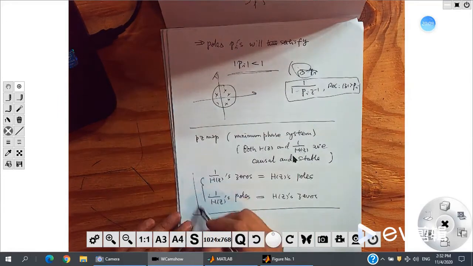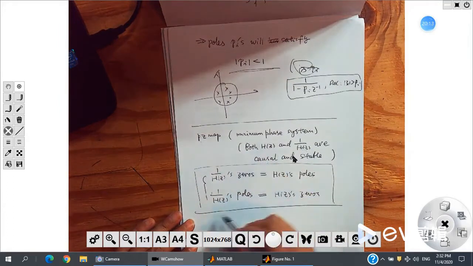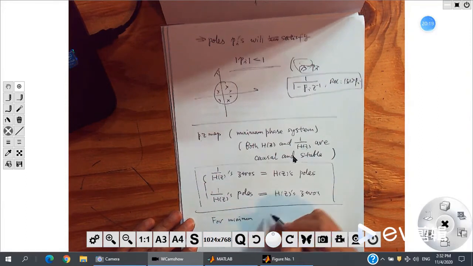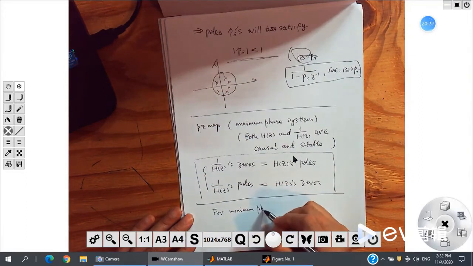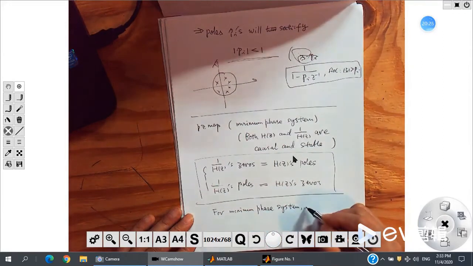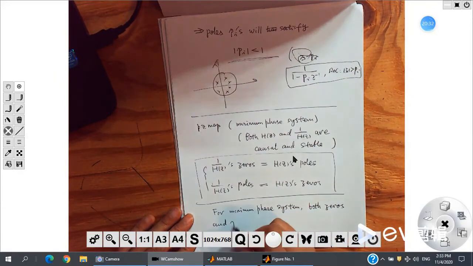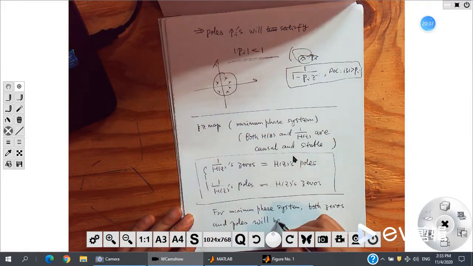This happens in general. And for a minimal phase system, both zeros and poles will be inside the unit circle.